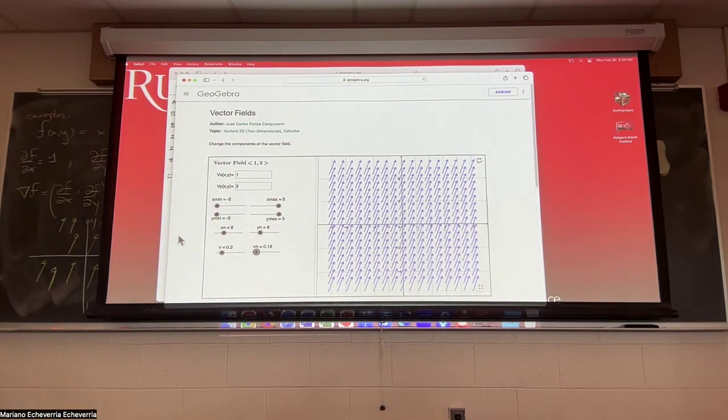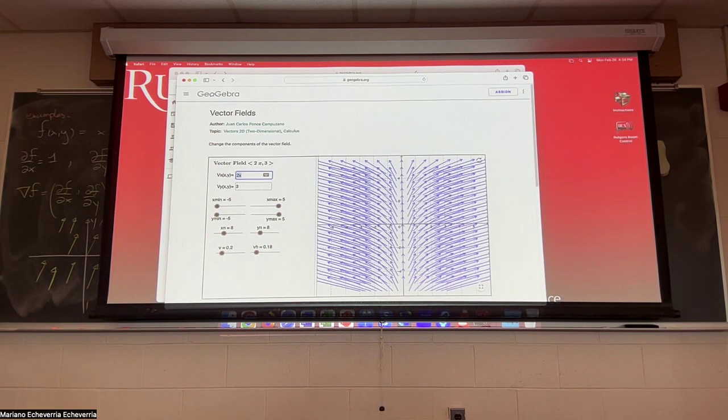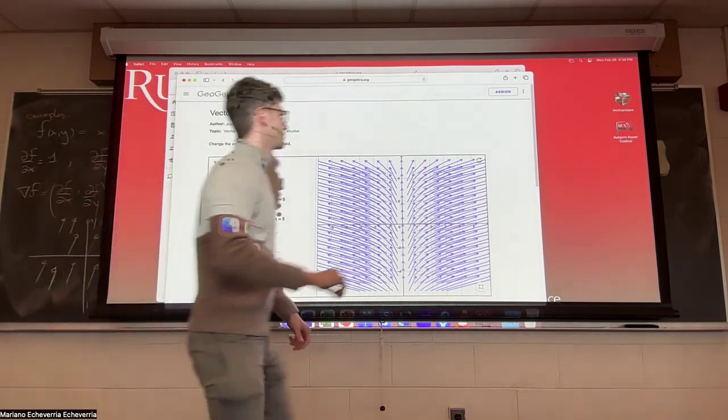If I put here 2x, now the vectors look like this. And this is why it's called a vector field. Field meaning that at each point in space, you can get a different vector that you are drawing.